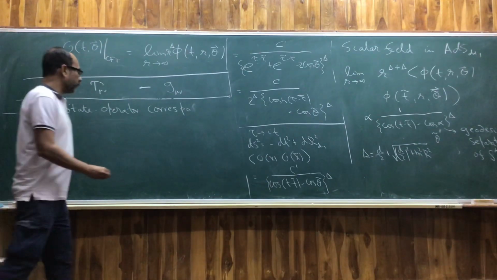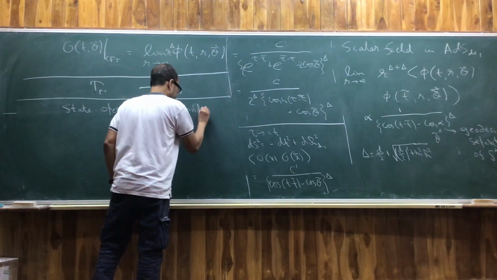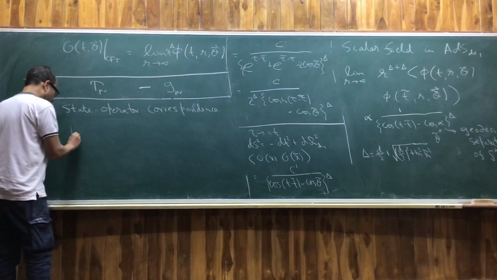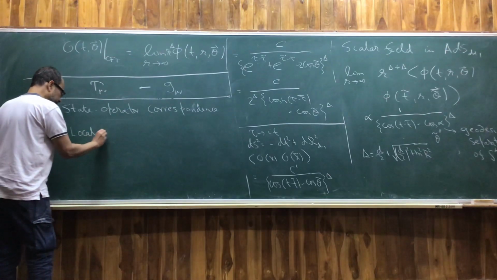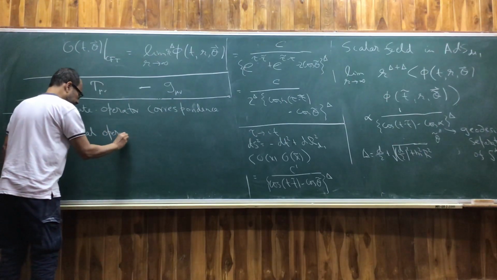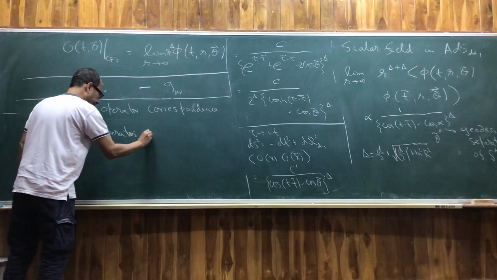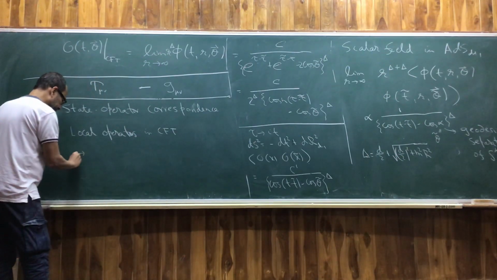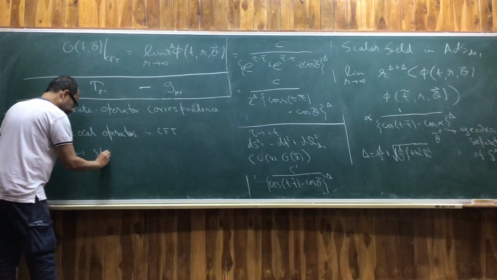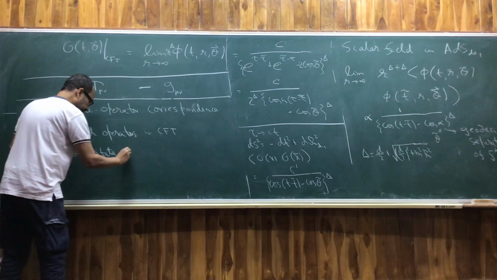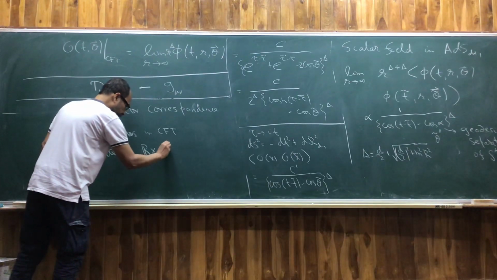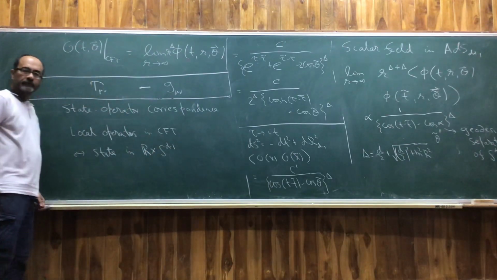So the state-operator correspondence basically says that there is a one-to-one correspondence between local operators in the CFT and states in R cross S^(d-1).